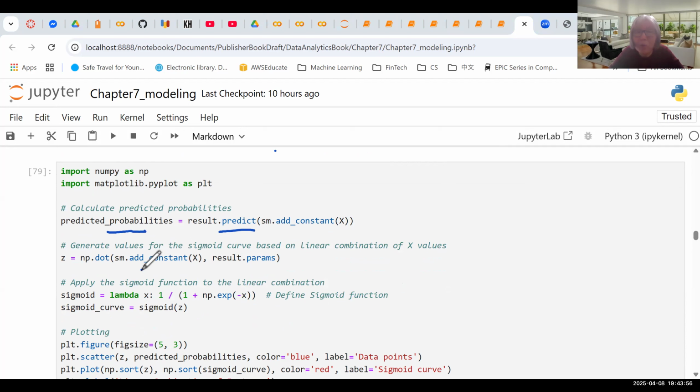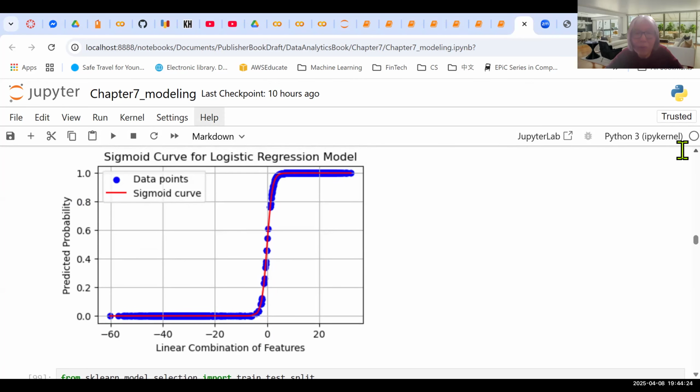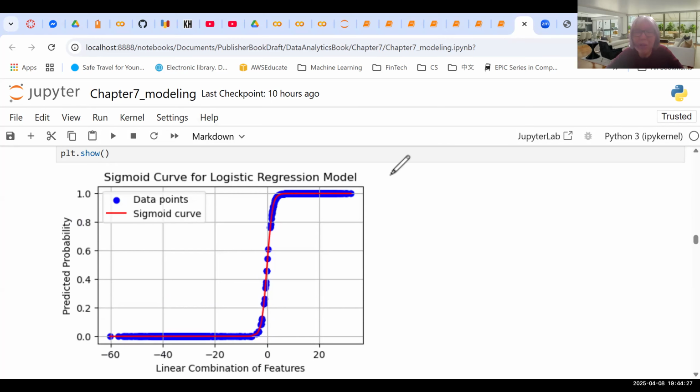Then we do the net input, and here this is the sigmoid function. Then we plot the predicted value versus the actual value. The result looks like this, and we can see it's pretty close, so that's why the result is pretty good in this case.